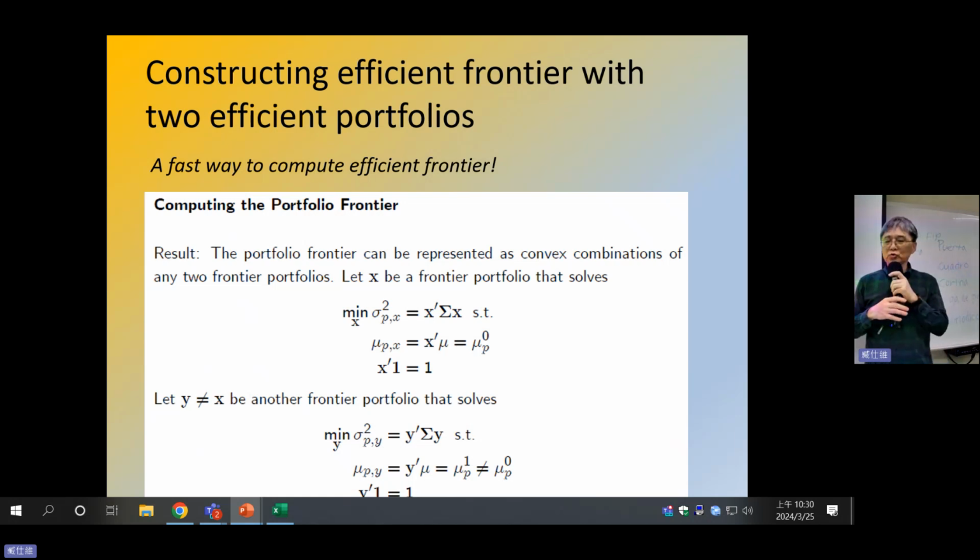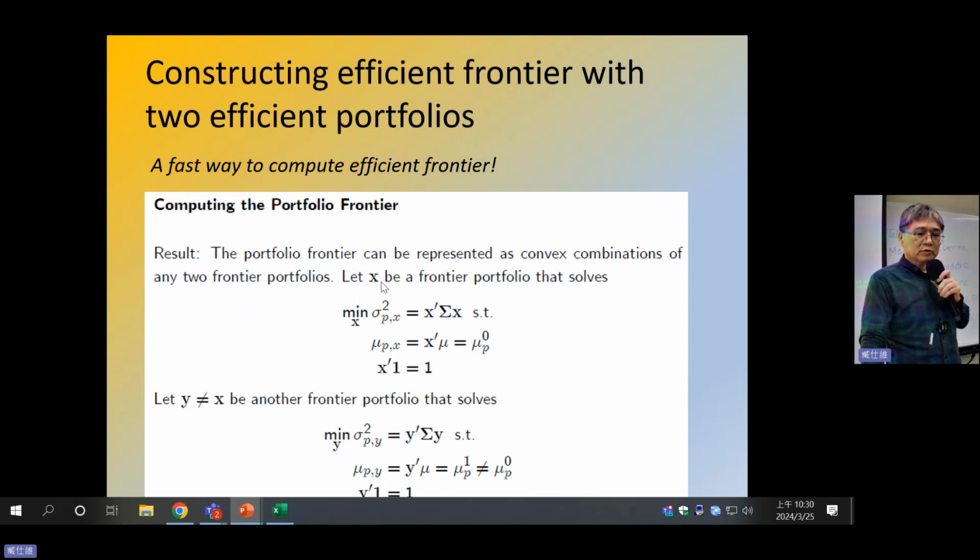We can just use two efficient portfolios to generate the other efficient portfolios, which means we can use a linear relationship, combining two efficient portfolios together, so that we can generate an efficient portfolio.